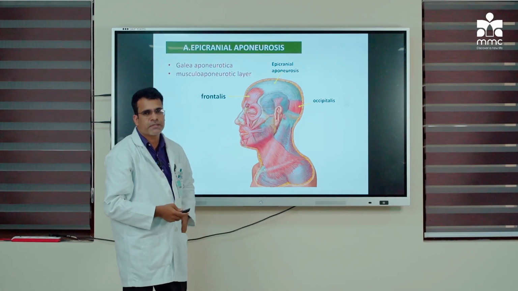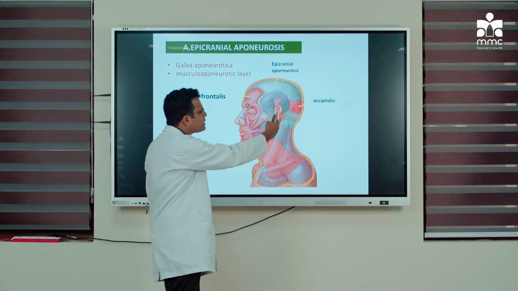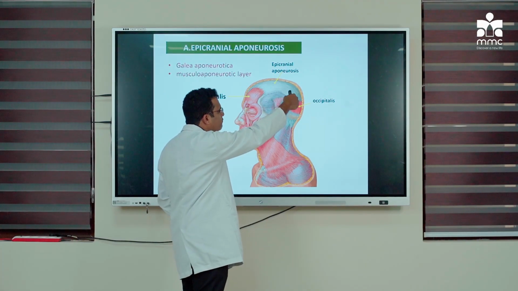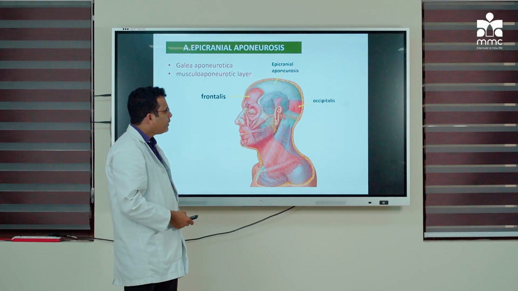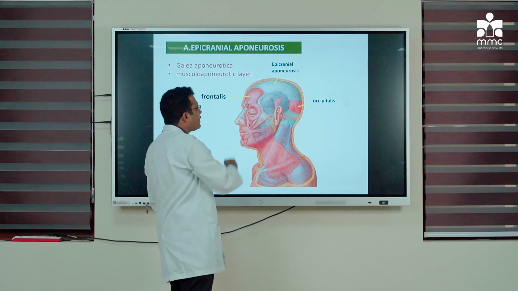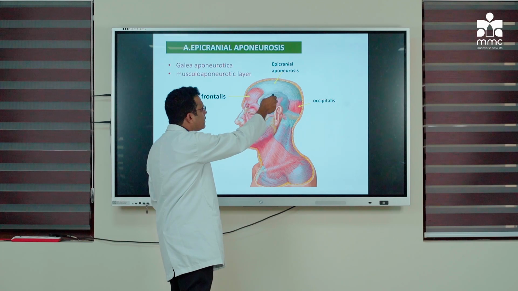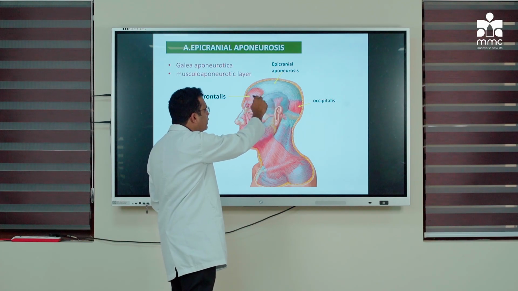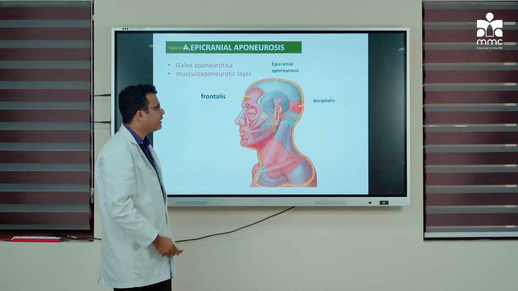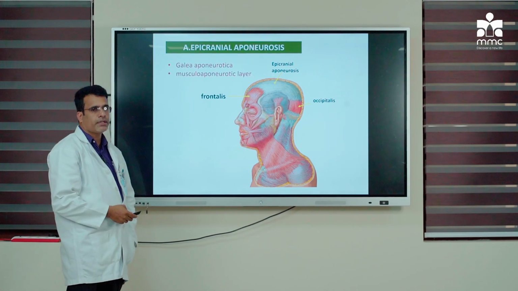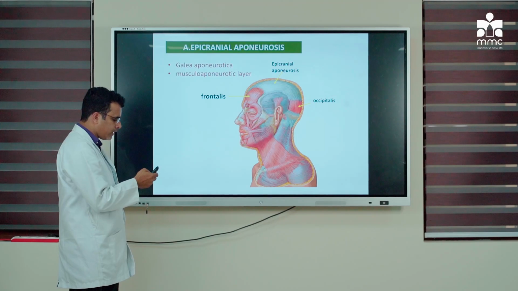It arises from the superior nuchal line, and its fibers are directed upwards and forwards to be inserted to the gallia aponeurotica. This epicranial aponeurosis, the third layer, lies between these two muscles, and laterally, if you trace it, it continues as a very thin membrane over the temporal fascia to attach to the zygomatic arch. So that's about the third layer, the gallia aponeurotica.